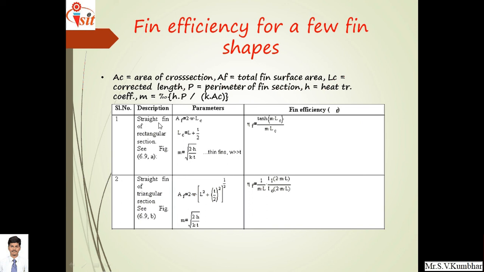Now for a straight fin of rectangular cross section, Af is equal to 2wLc, corrected length Lc is equal to L plus t by 2, m is equal to square root of hP upon kAt. Now after solving this we will get square root of 2h upon kt, and its efficiency is equal to hyperbolic tan mLc upon mLc. Similarly for straight fins, these formulas are listed.